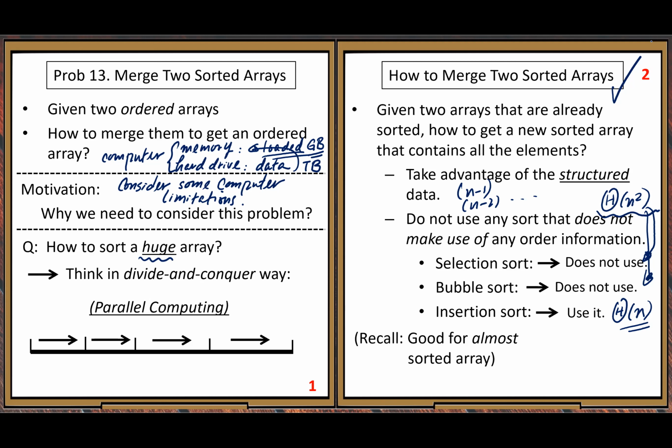We know insertion sort has a good property. It is good for almost ordered arrays. But here we have two ordered arrays. If we put them together, we can treat it as a special case of the almost ordered array.